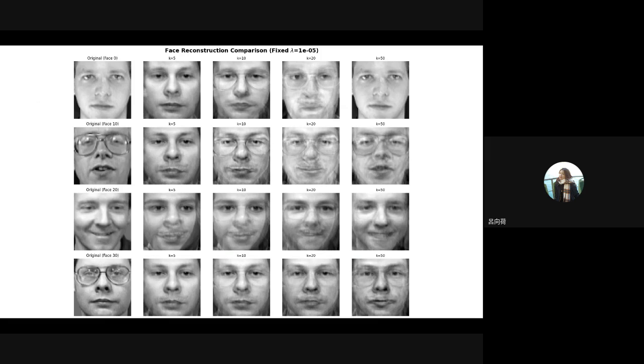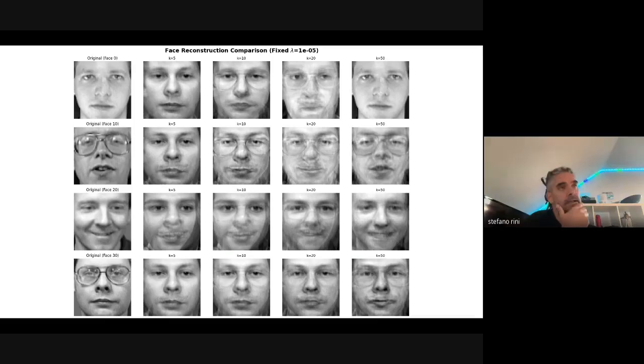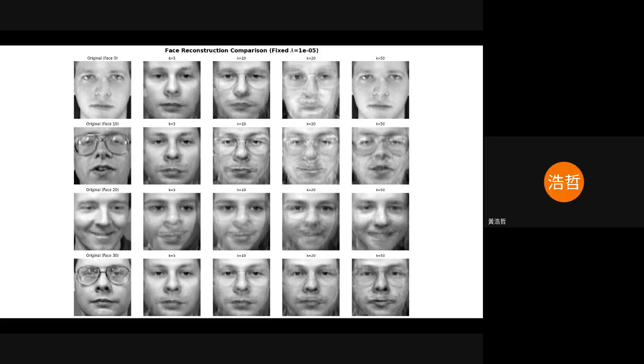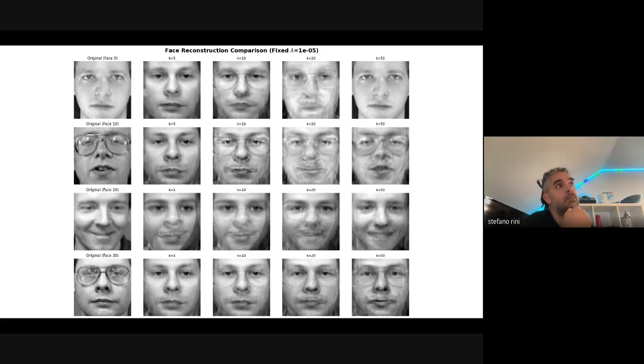And when K equals 20, the edge is more blurred because of the effect of averaging. That's my assumption. Let me think a second. The eigenvalues are still ordered from the largest to the smallest, right? It's true that if you add more components, you add more noise, but still the power should be going down, right? So that's why it's surprising.